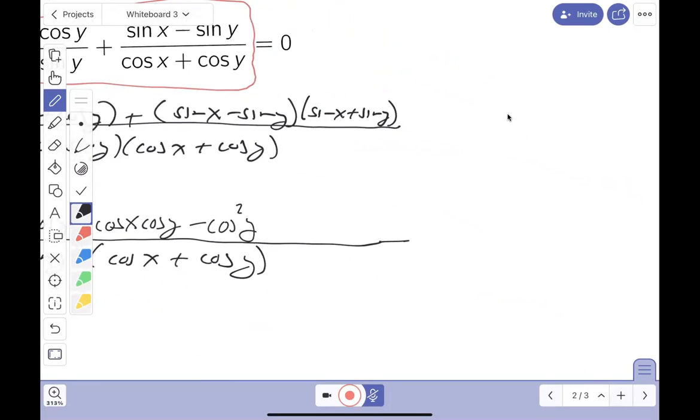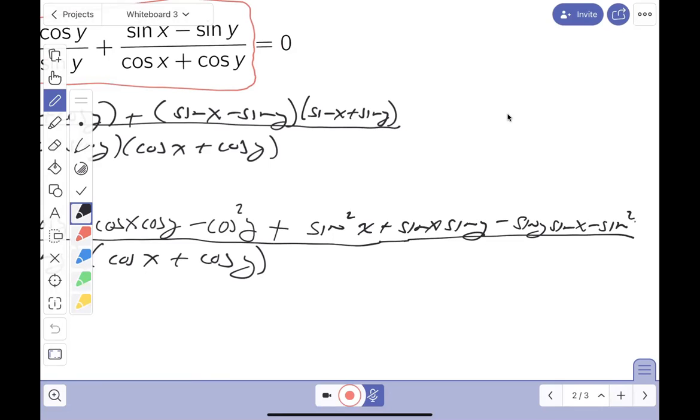Whoa, I got more work to do, don't I? Plus, well, it's going to be a lot of work. Sine squared x plus sine x sine y, minus sine y sine x, minus sine squared y.